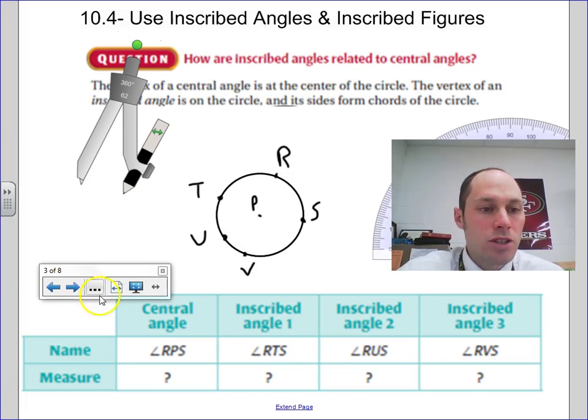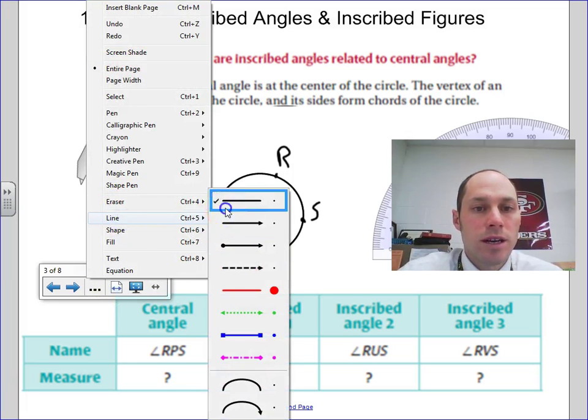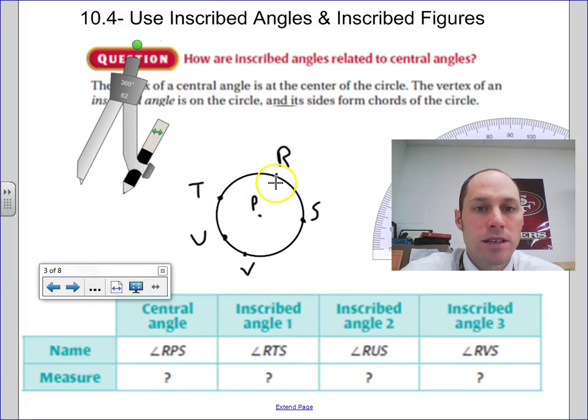Then with your straight edge, you're going to connect these. So we're going to connect RPS. We're going to make another angle RTS, another angle RUS, and another one RVS.